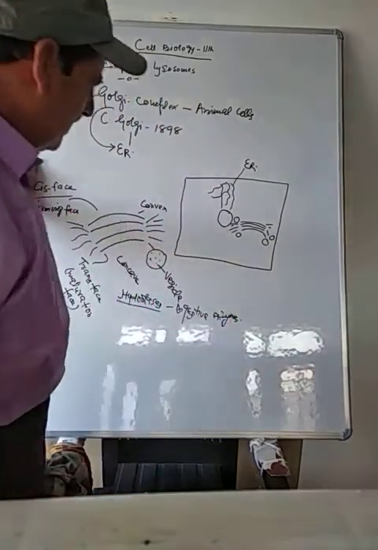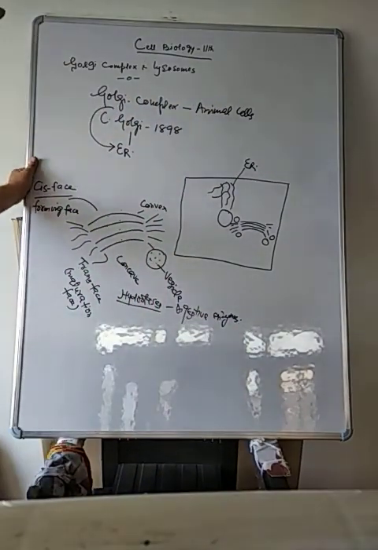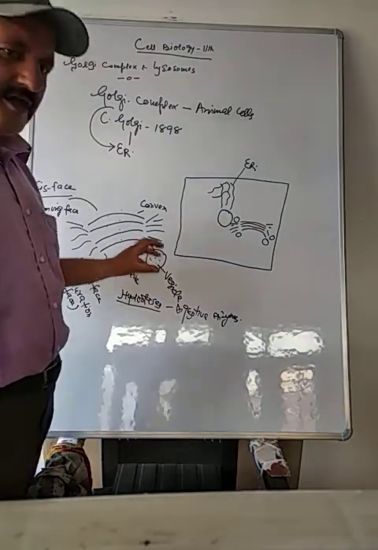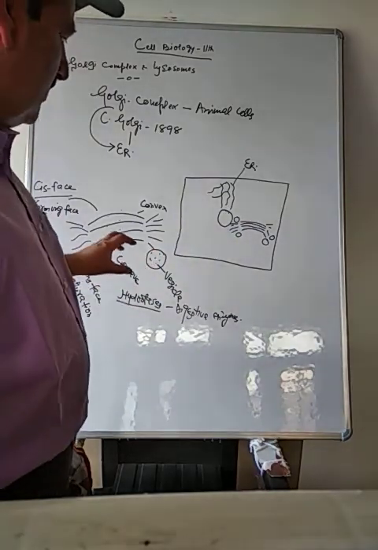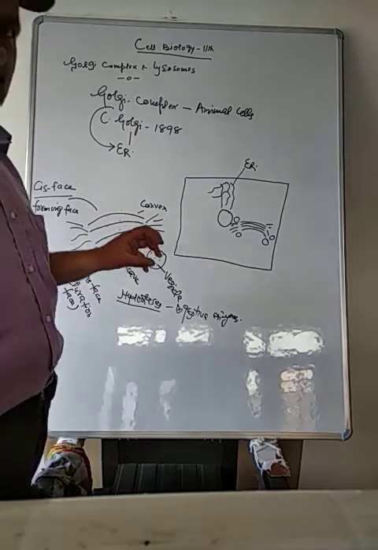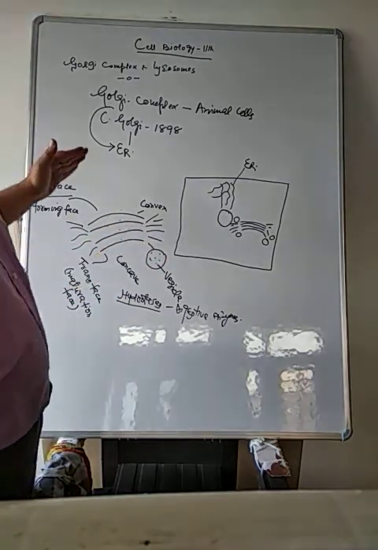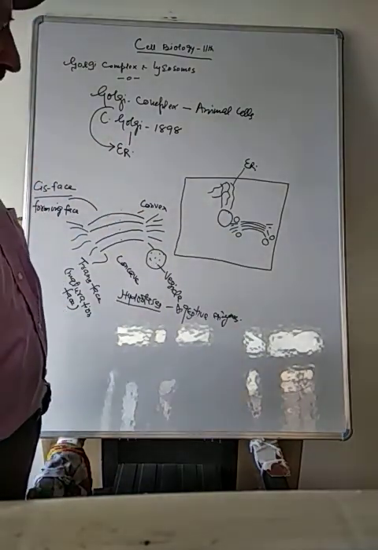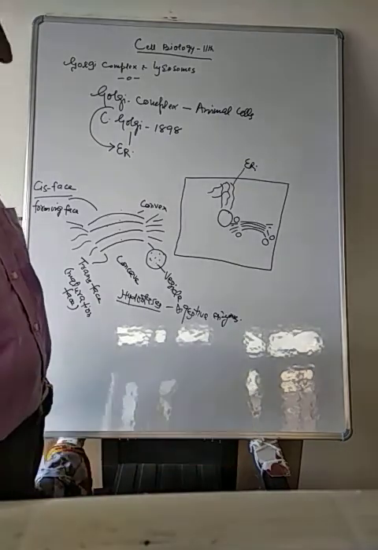So, the main function of the Golgi complex is that they help in the formation of small membrane-bound structures called vesicles, and vesicles are filled with enzymes. So, these modify the proteins into enzymes, and all enzymes are proteins.